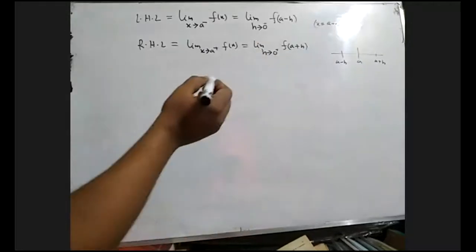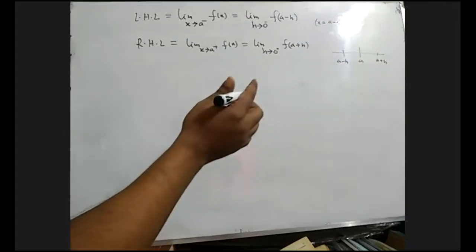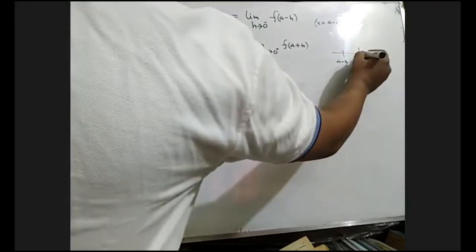Suppose this is a, this is a plus h, and this is a minus h. To get the left hand limit, x equals a minus h, and for the right hand limit, x equals a plus h. Then we get the limit at x tends to a.